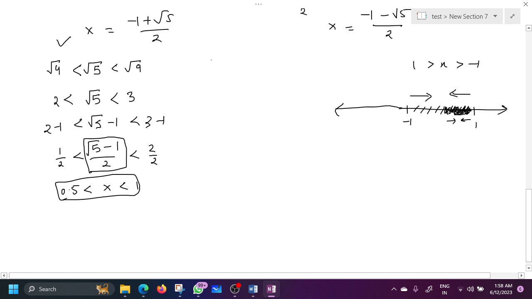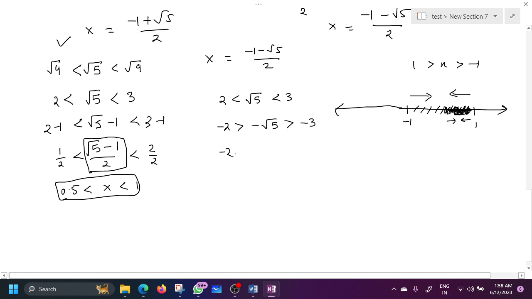Now let us see the second value. x is equal to minus 1 minus root 5 over 2. We already established that root 5 is less than 3 and more than 2. So minus root 5 is less than minus 2 and more than minus 3.